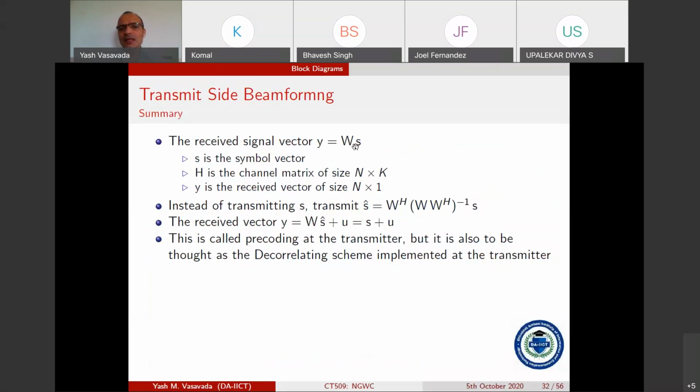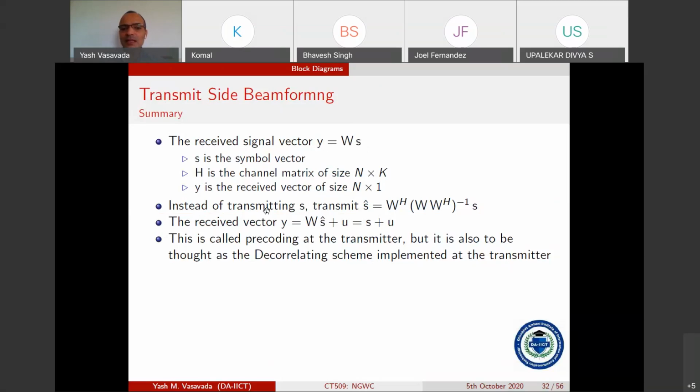If we just transmit S like this, then this received vector y will be this matrix vector product, and the receiver will not be able to get any beamforming advantage or any interference cancellation advantage if we directly transmit S.